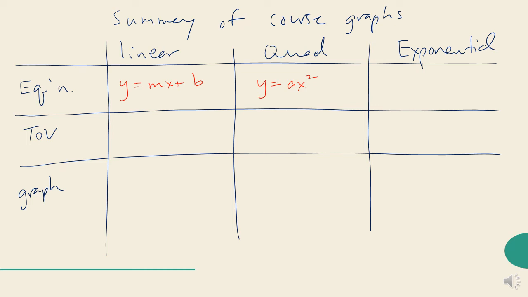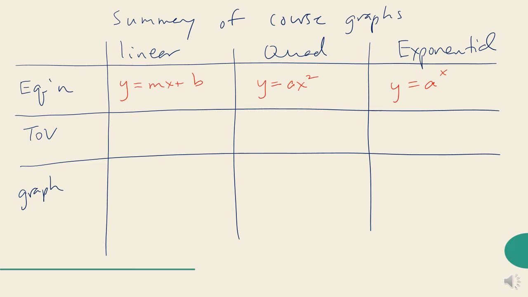An exponential looks like this, in which the letter, the x, is the exponent. So when you're looking at the equations, you can tell which one is which: if it just has an x in it, it's linear. If it has an x squared, and that's the highest, it's quadratic. And if x or some other letter is in the exponent, it's exponential.